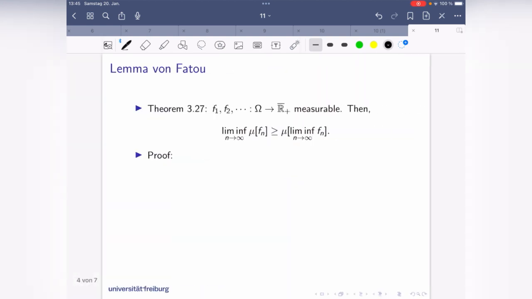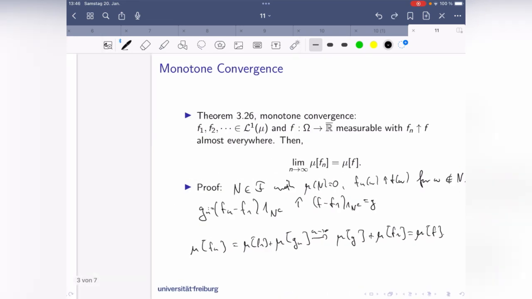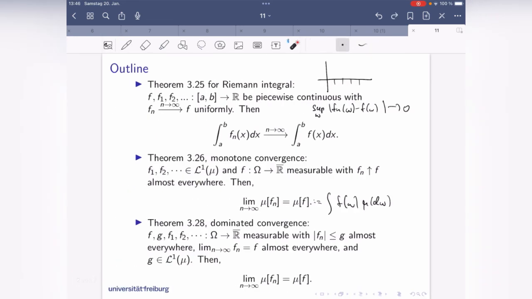For the dominated convergence, we have to prove an intermediate result first, which is often also used standalone because it requires a bit less. So here we do not need this dominating function. So this g here, that's the dominating function, because dominated convergence means dominated by the g here.